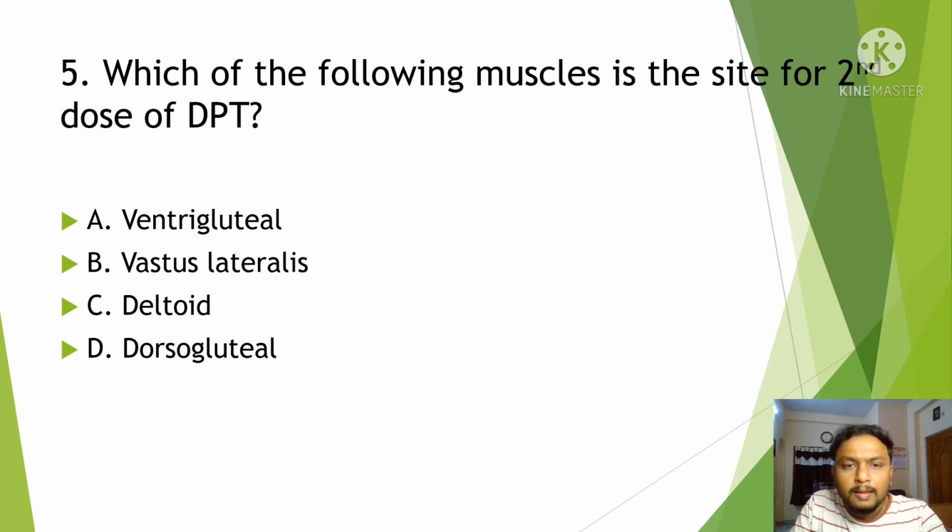Okay, next question: which of the following muscles is the site for the second dose of DPT? The options are ventrogluteal, vastus lateralis, deltoid, dorsogluteal.